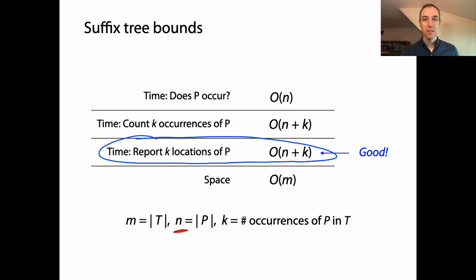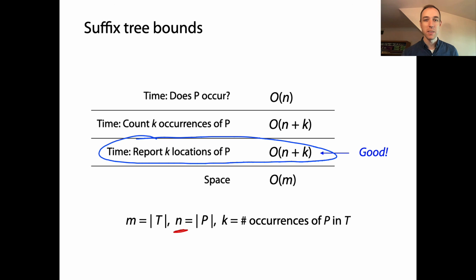Notice that we're basically solving the exact matching problem where we're taking a string of length n and matching it against a longer string of length m and reporting all the places where it occurs, and we're doing that in big O of n plus k time. It seems hard to do much better than that. After all, we have to at least look at the query string and each of its characters in order to solve the exact matching problem. So it's hard to imagine that n wouldn't be in there somewhere, right?